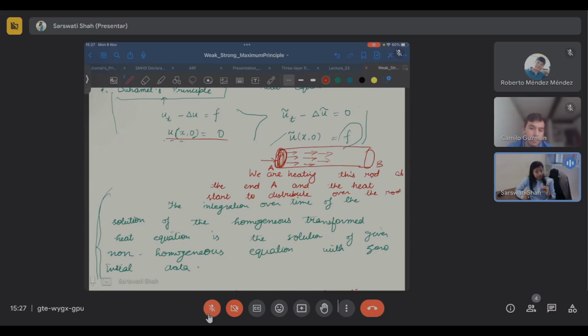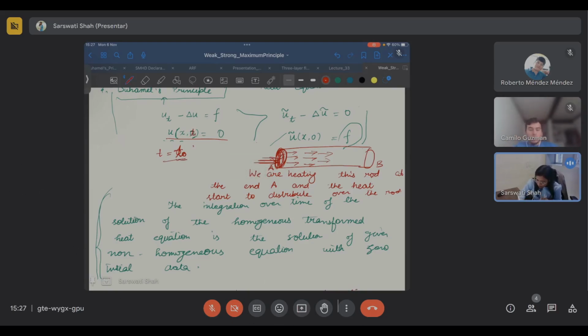Now the idea behind taking the initial condition at t equals 0 is that we assume that before heating this end, the time is 0. You can measure it as, we started to work at t equals t naught. Before that we were not heating it, but at t equals t naught we measure the temperature of the rod, and then at this time we start to heat the rod.